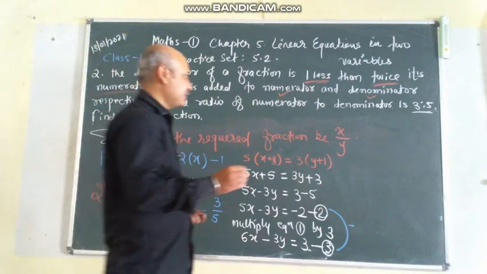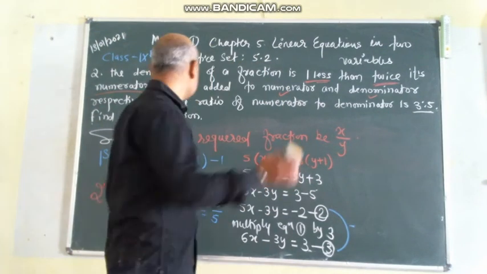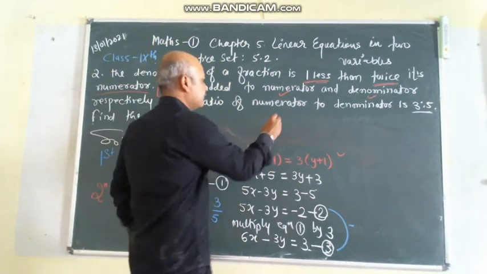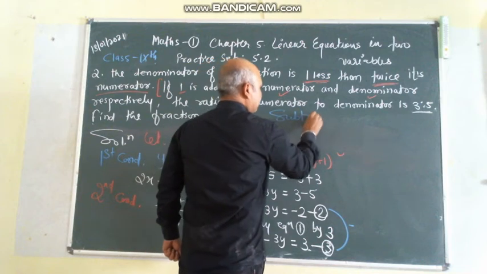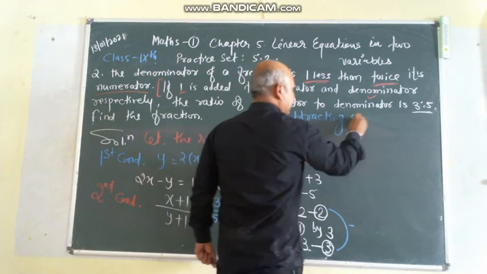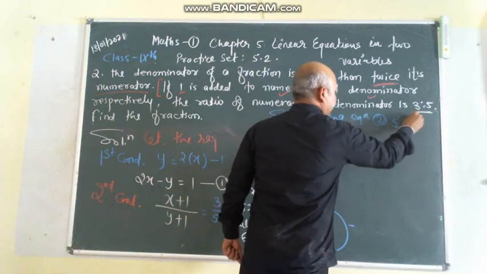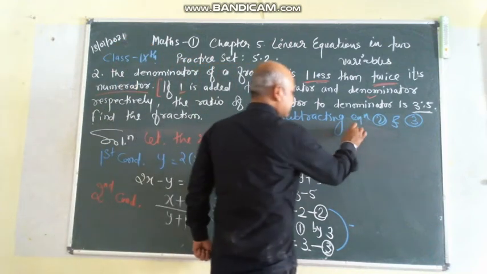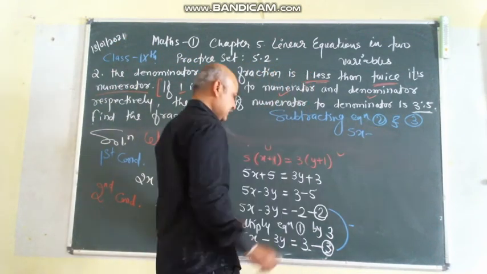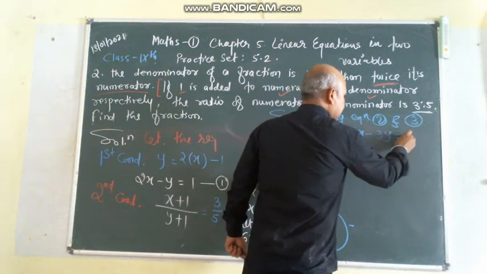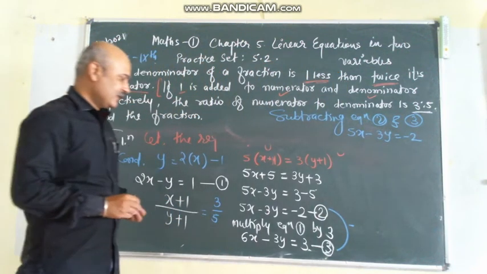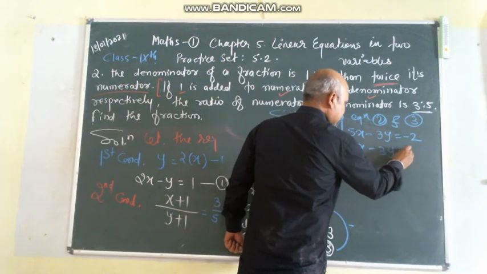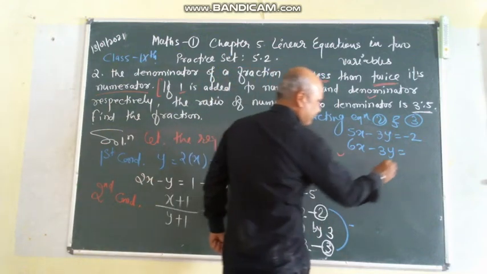So I will write, subtracting equation 2 and 3. What is equation 2? 5x minus 3y is equal to minus 2. And what is equation 3? 6x minus 3y is equal to plus 3.